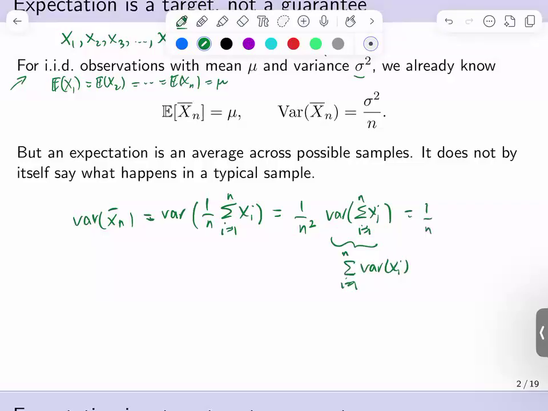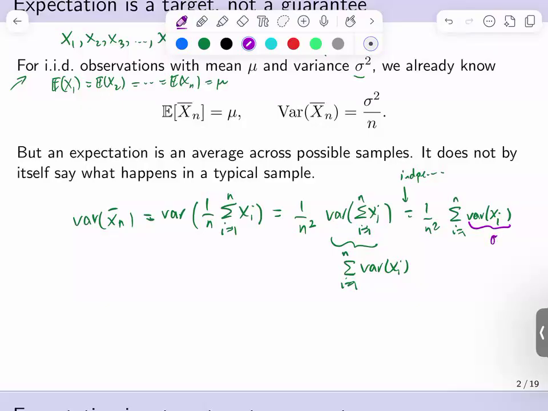I get 1 over n squared times the summation i from 1 to n of the variance of xi. This is by independence. How can I simplify further? What are these things? They're identically distributed.